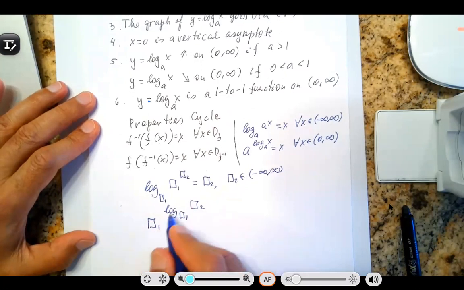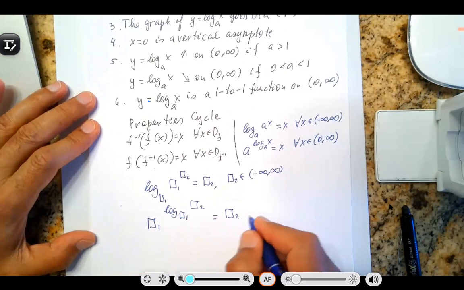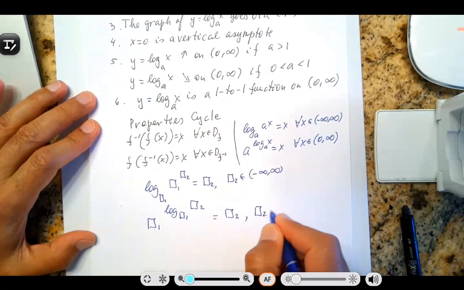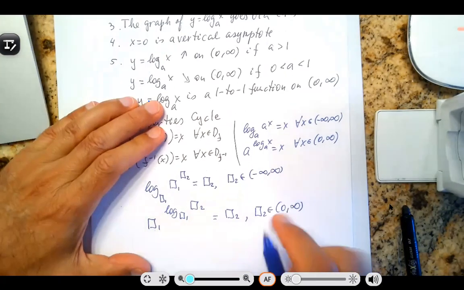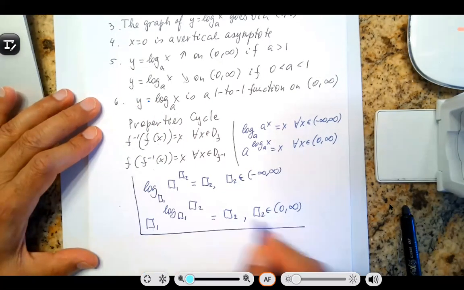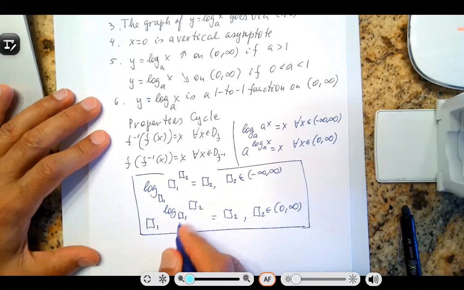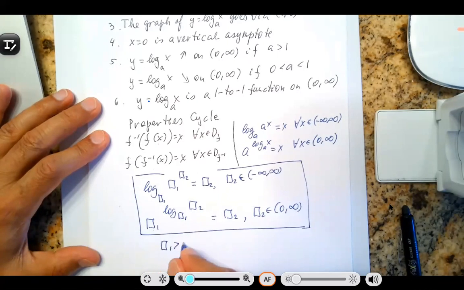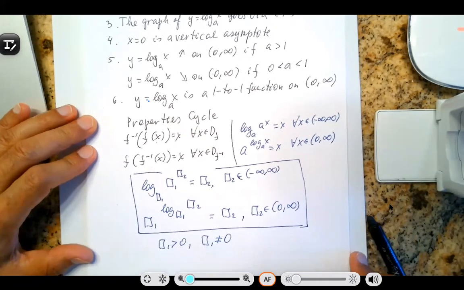See, those two matching, equals box 2, where box 2 is any real number. So those are two important properties. Inside the box you can put anything as long as it satisfies this. Of course, box 1 is the base, it cannot be 0, it must be positive and not equal to 1. So you can put anything you want. This is a cycle property.